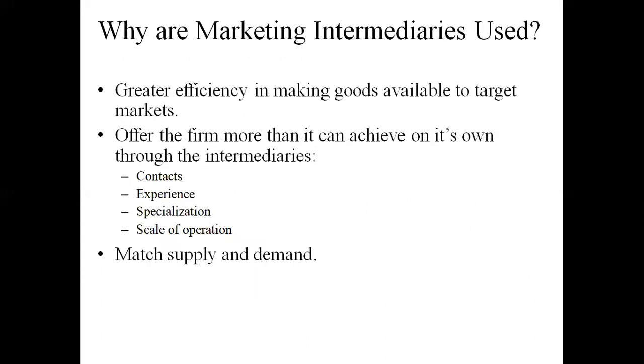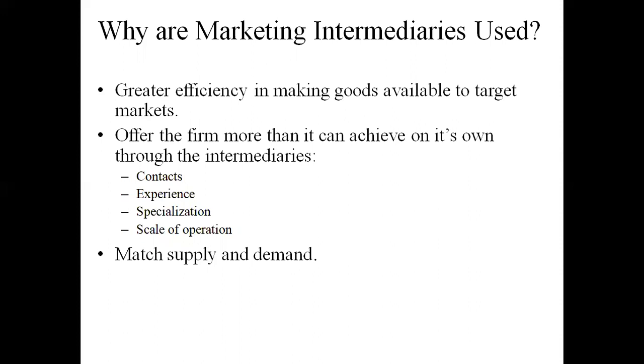Now let's see why marketing intermediaries are of use. Why do companies need marketing intermediaries? It is impossible or very difficult for a manufacturer to reach each and every geographical area. So they need someone who can supply or distribute their products on their behalf, and who can own the risk also.